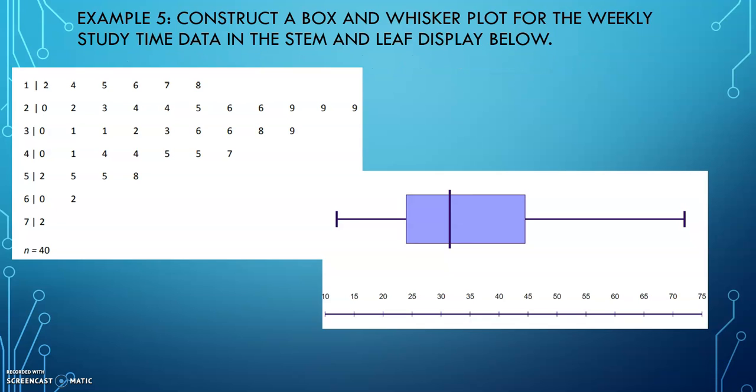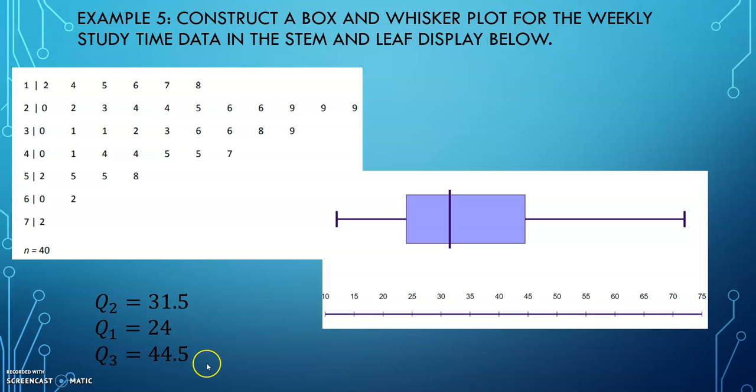Example 5, construct a box and whisker plot for the weekly study time data in the stem and leaf display below. From our stem and leaf plot, we've got the values 12, 14, 15, 16, 17, 18. Continuing up, our highest value is 72. Q2 is our median, 31.5.